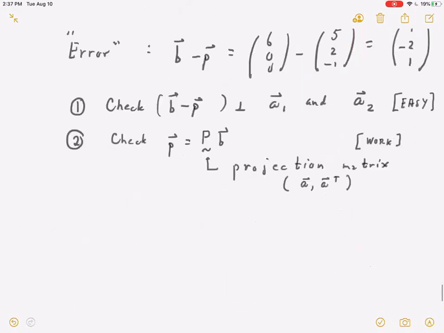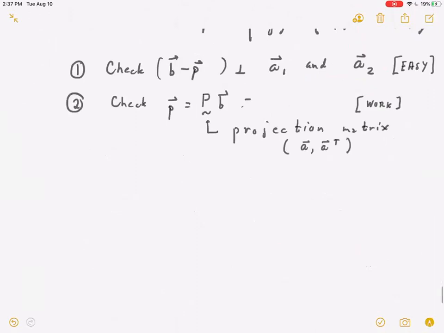So at the end of the day, calculate the projection matrix, act on B with it, and show that you should get 5, 2, minus 1. Okay, again, I've said this before, there's no problem with reiterating. You need to go through examples, you need to go through exercises to see how all this works.